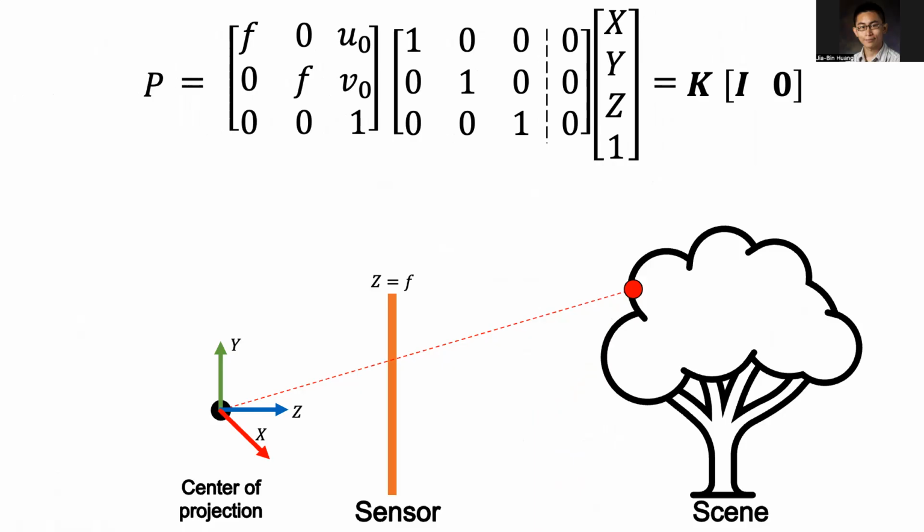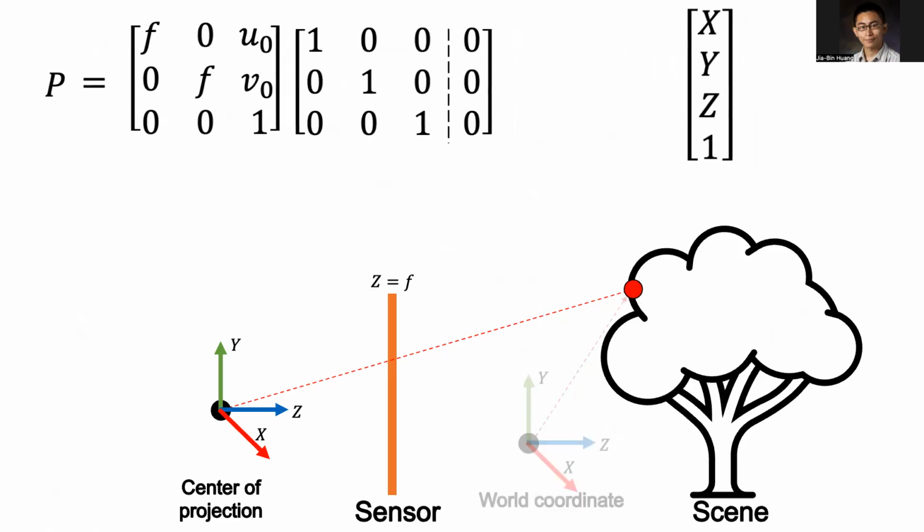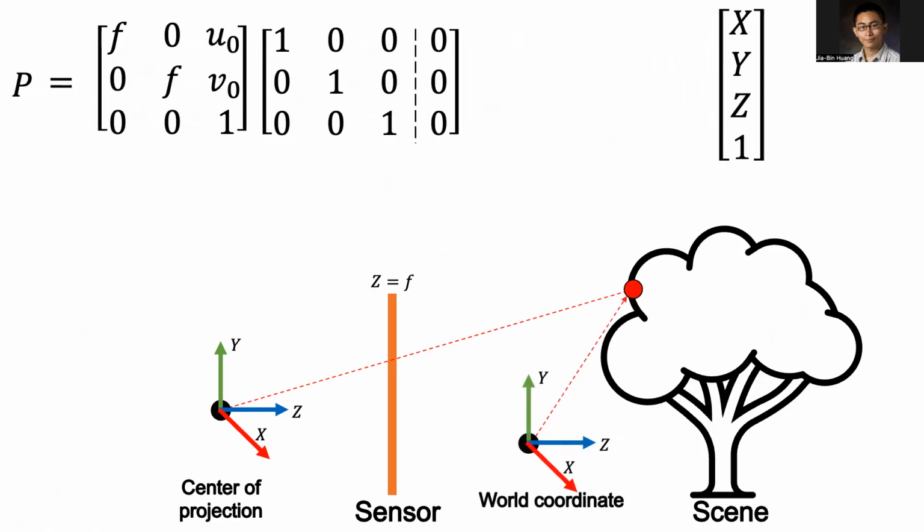But now our XYZ is not in the camera coordinate system, it's in the world coordinate system. Which means that we first need to map from the world coordinate system to the camera coordinate system. Okay, so can anyone tell me, if I have two coordinate systems, what's the transformation between them?